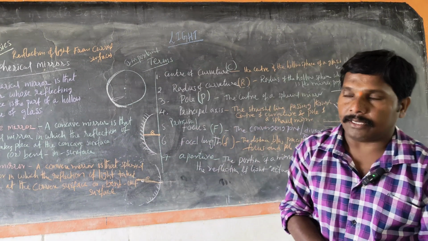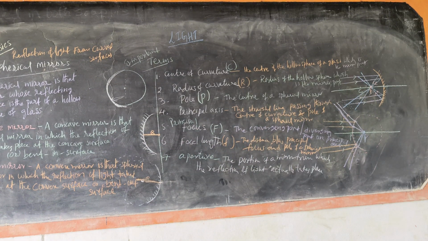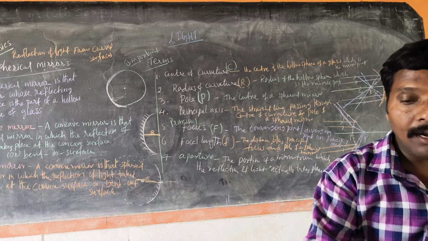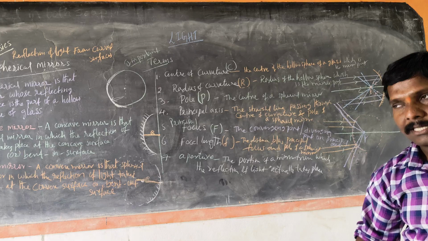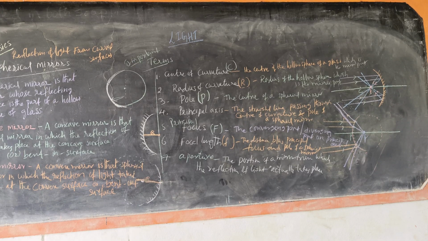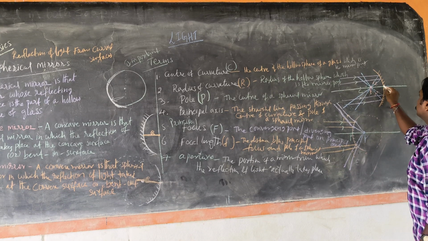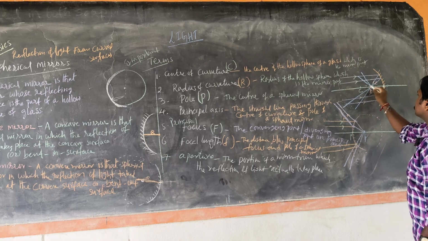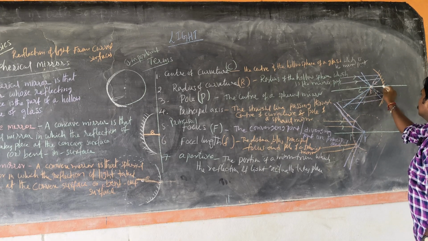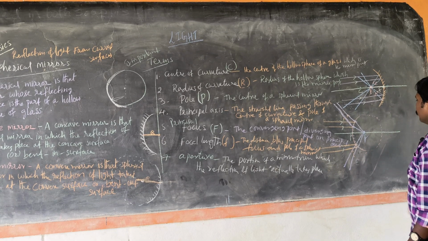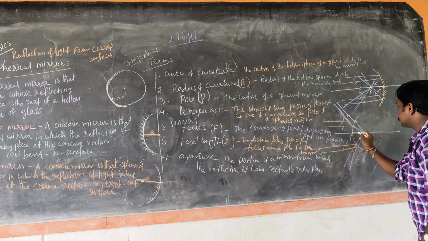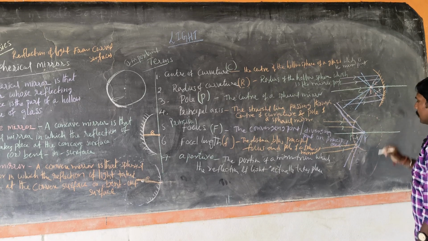The distance between the focal point, or the focus, or principal focus, and the mirror: pole to focus, this distance is called focal length.